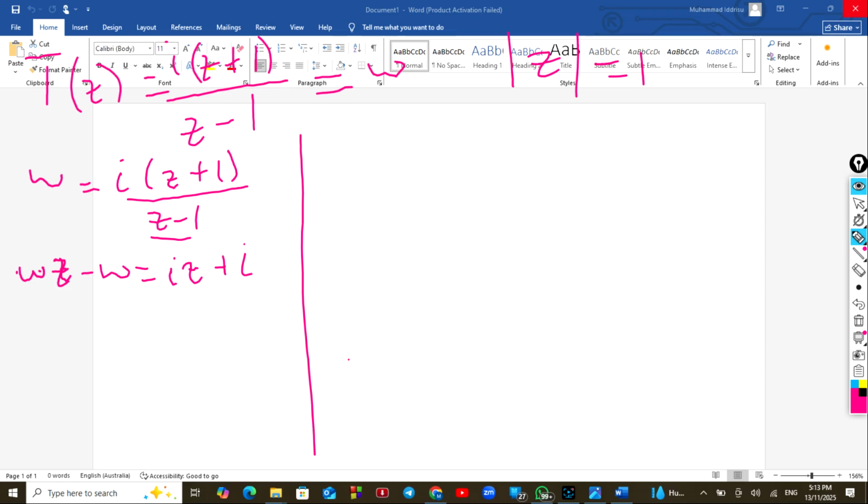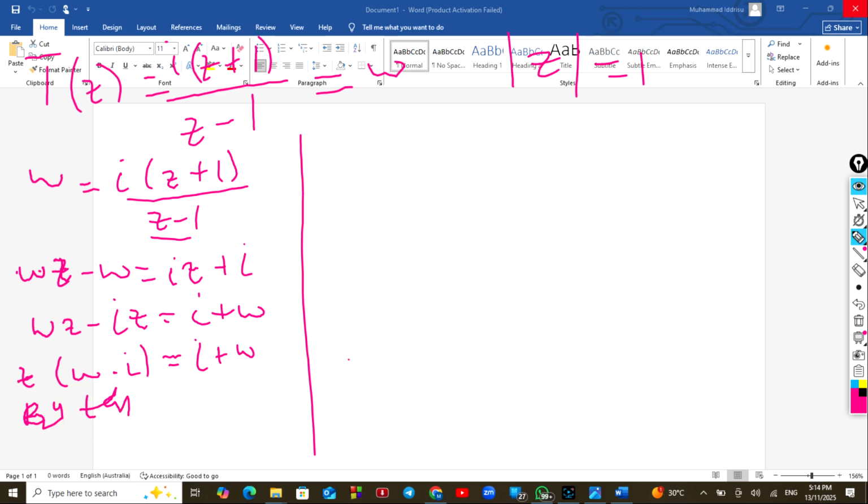We can group the z's: wz minus iz is equal to i plus w. So we can factor out the z's, and we have z bracket w minus i is equal to i plus w.